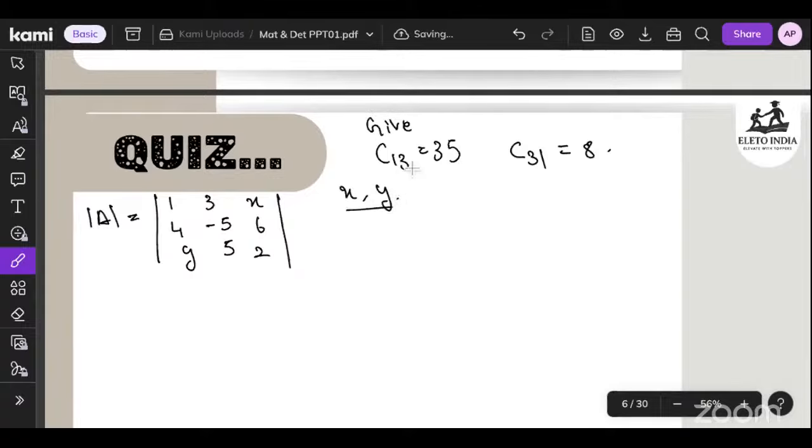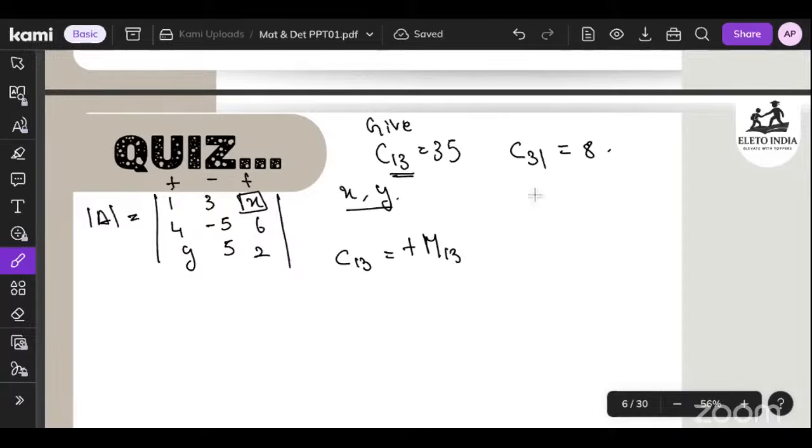Okay, first of all, what is C13? If you take the plus minus terms, this is the C13, and it will be plus minus plus. So here it is plus of M13, just the minor of 13.